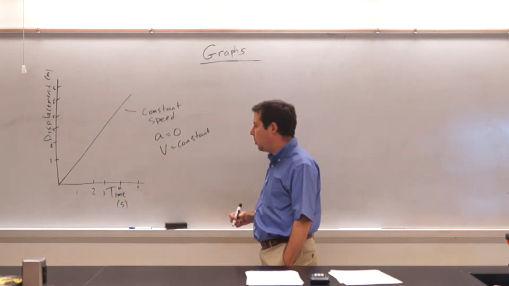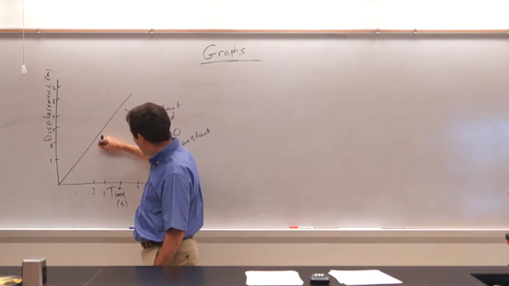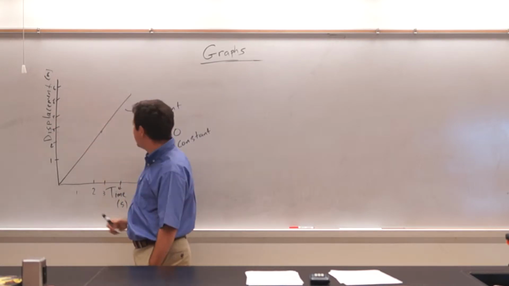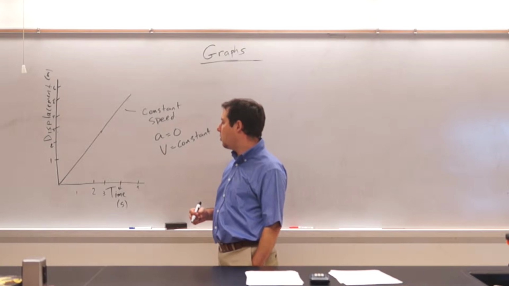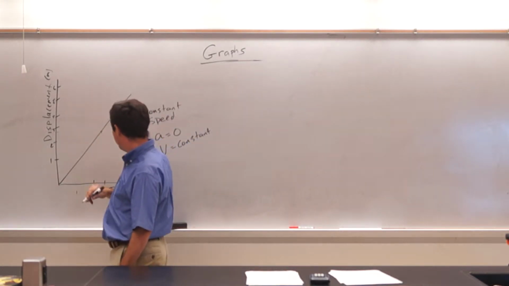You can, for example, just pick a time. Time 3, we're going to go up, and we read over here, and we find that the displacement is probably around 2.7 meters. So it's gone about 2.7 meters in these 3 seconds.